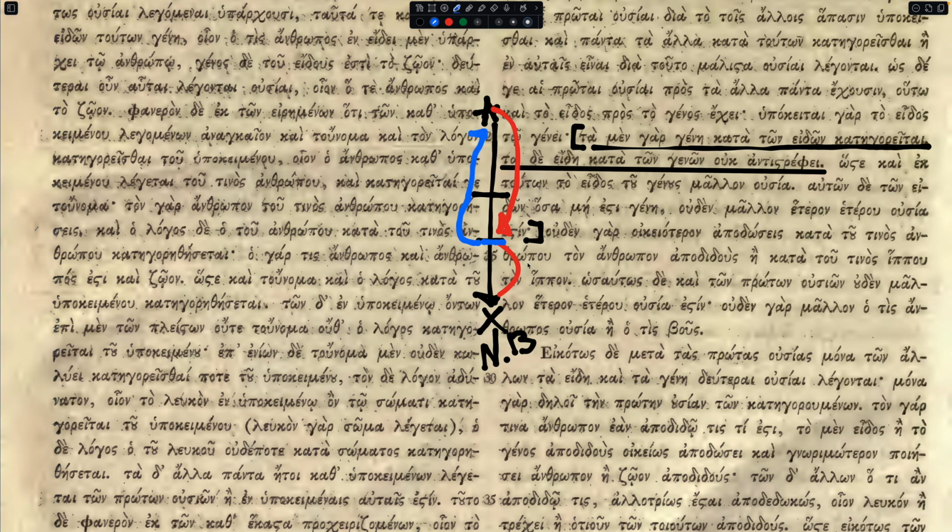So if you notice that all humans are bipedal, that doesn't mean all animals are bipedal. It just means that animals are capable of being bipedal, not that they actually are. They're potentially bipedal, but not actually bipedal.